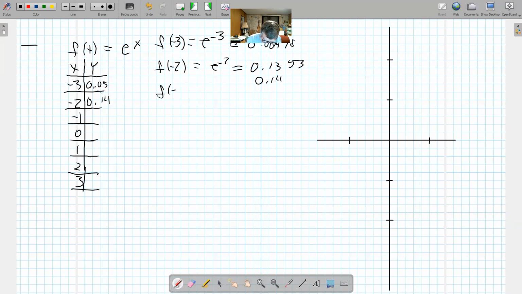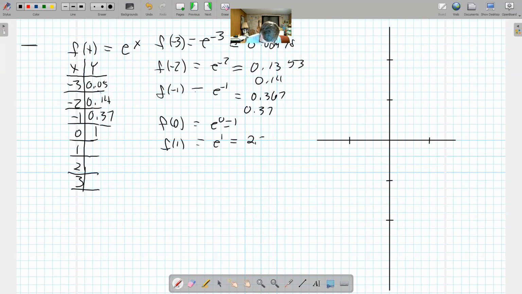Let's see. f of -1 is e to the -1 power, which is 0.367, so we'll call that 0.37. f of 0 would be e to the 0 power, which is 1. f of 1 is e to the 1 power, which is approximately 2.72.